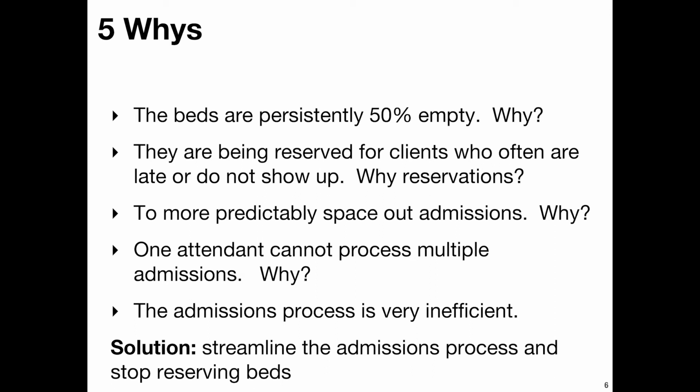So the ultimate solution is not to create more capacity in the observation unit. It's not to risk stratify. It's to streamline the paperwork during the admissions process so that you don't have to reserve beds. People would be able to just show up on a first come, first served basis. A very different solution than the ones initially proposed.